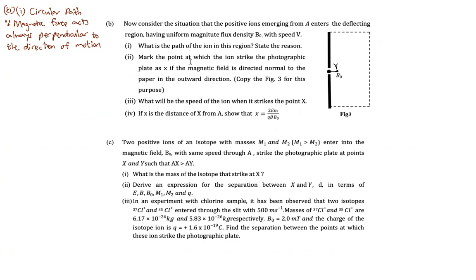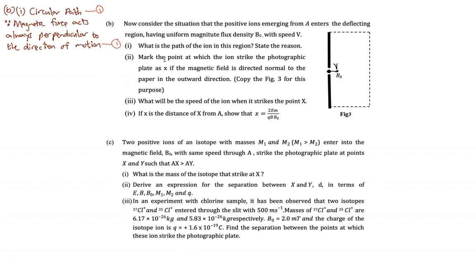So here you just have to mention what path it is. The subsequent motion of the charged particle will be circular motion. That's all we have to mention here. Magnetic force is always perpendicular to the direction of motion. It's not necessary to mention that it's constant. If you just mention that the force is always acting perpendicular to the direction of motion, that's okay.